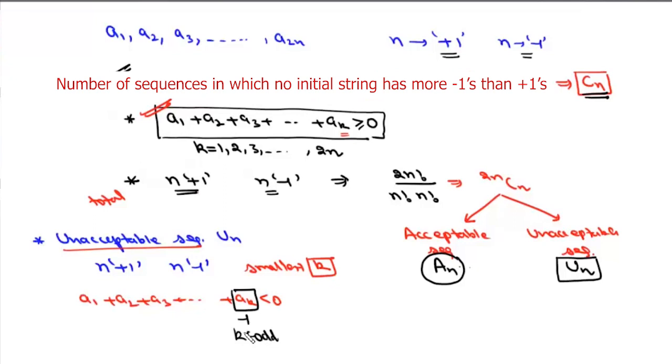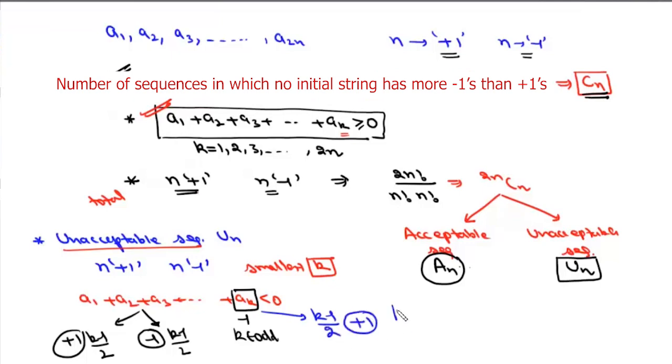So if k is odd, then the remaining k minus 1 terms are even in number, and there'll be k minus 1 by 2 plus 1s and k minus 1 by 2 minus 1s. So in the sequence of k numbers, we have k minus 1 by 2 plus 1s and then k plus 1 by 2 minus 1s.